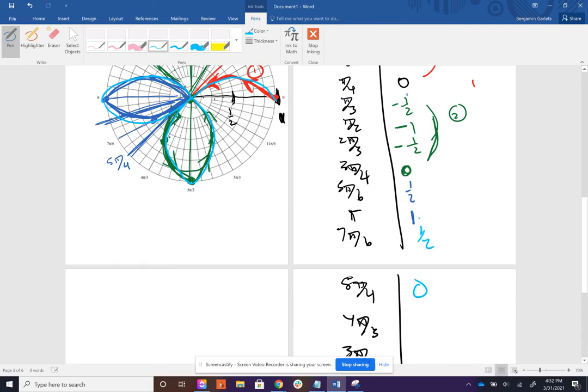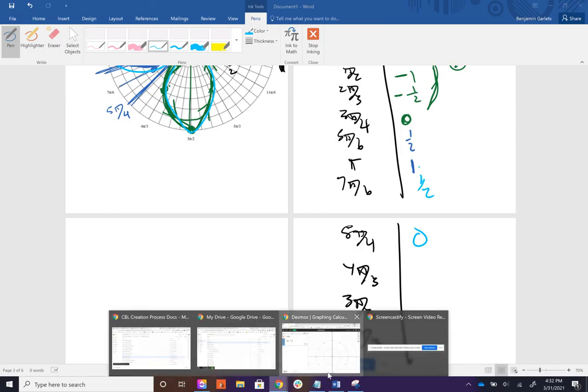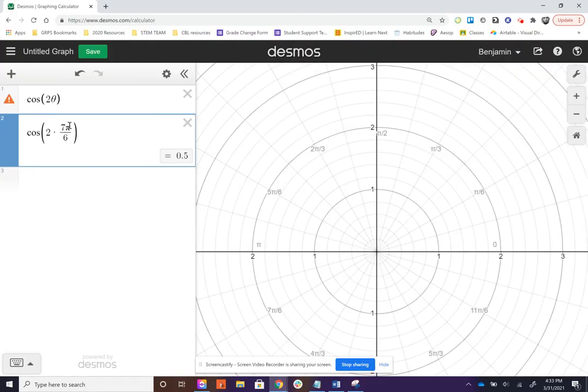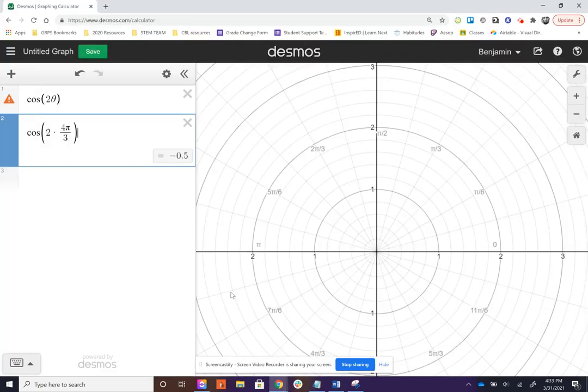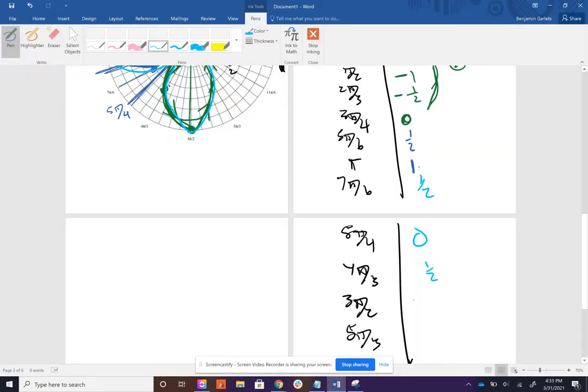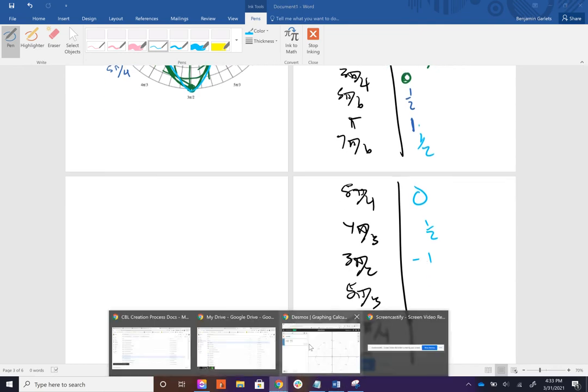So let's go 4 pi over 3. Okay, negative 1/2. Let's go 3 pi over 2. Negative 1. 5 pi over 3.